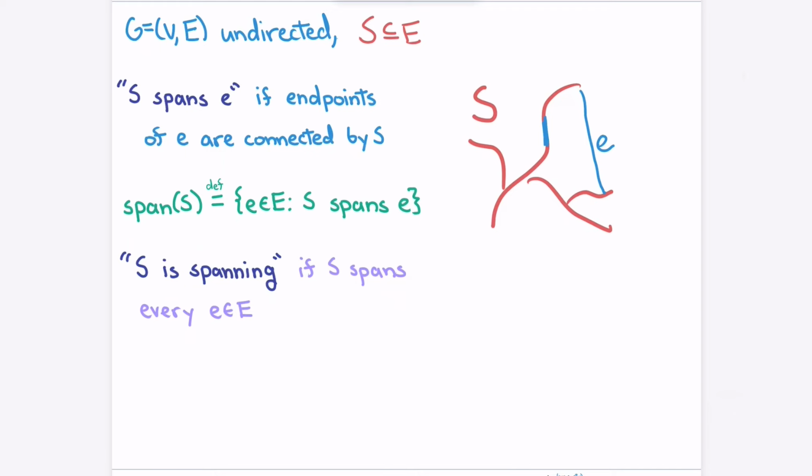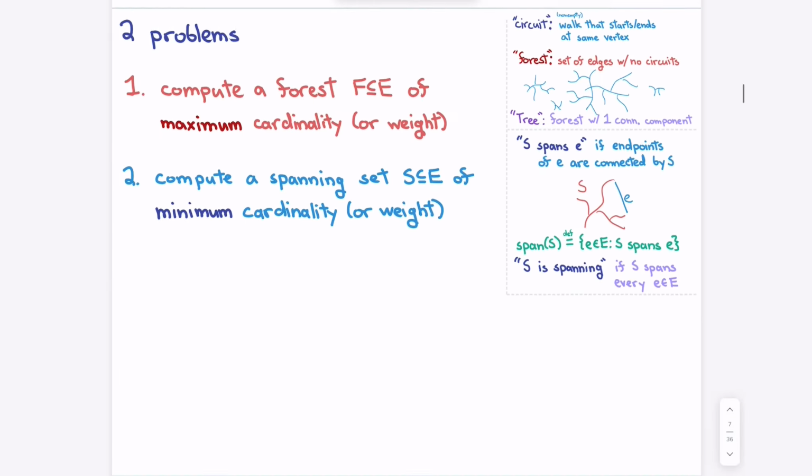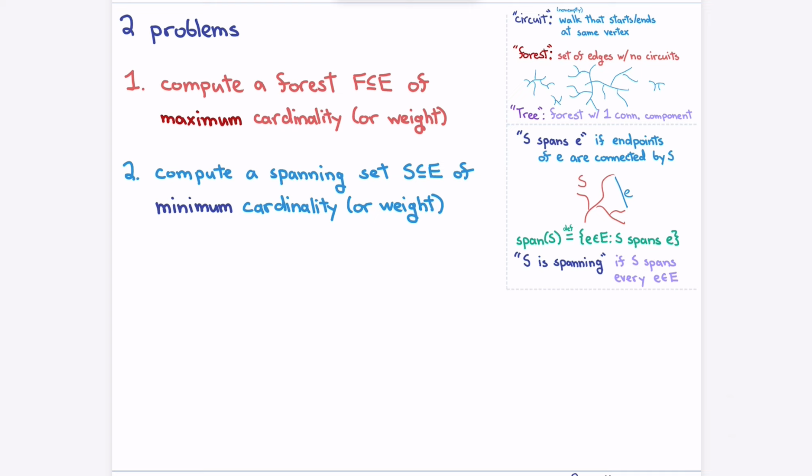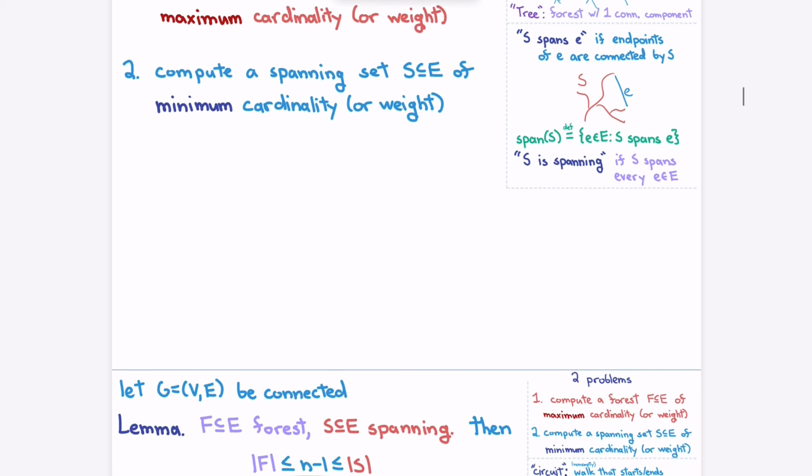So a set of edges spans some other edge E if it already connects the endpoints. And I think the point of last time's class was to look at two kind of opposite problems simultaneously. One is to compute a forest with as many edges as possible. The other is to compute a spanning set with as few edges as possible.